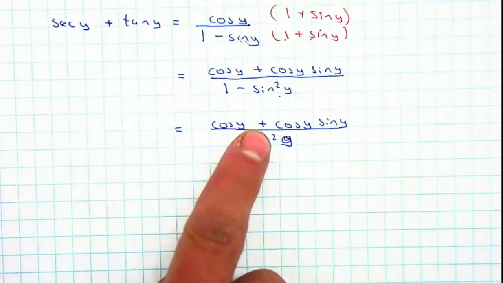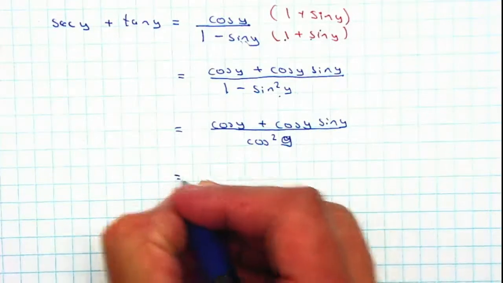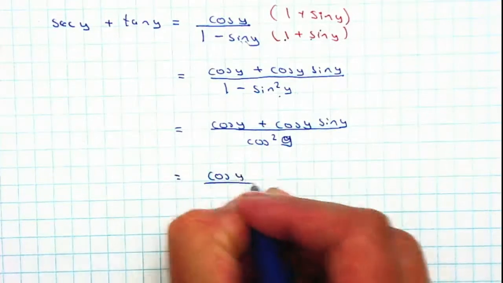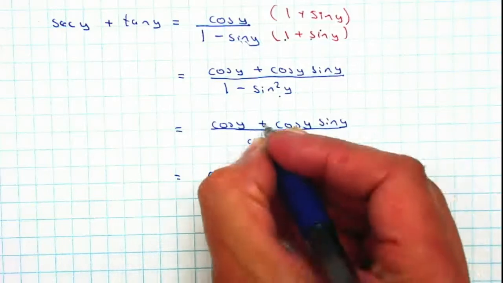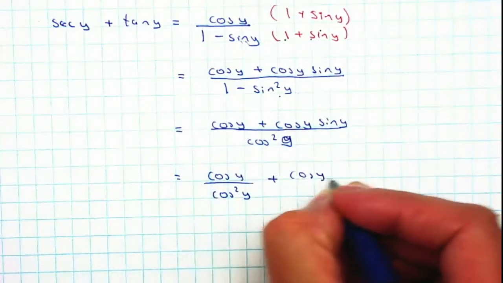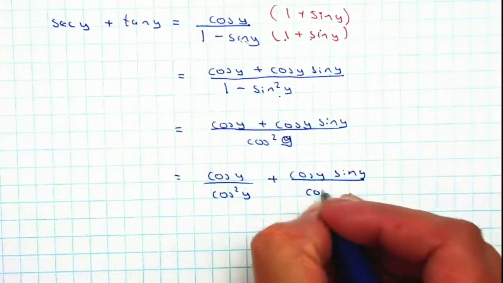Since I have an addition in the numerator and a single denominator, I'm going to separate my fraction as cosine of y over cosine square of y plus cosine of y sine of y over cosine square of y.